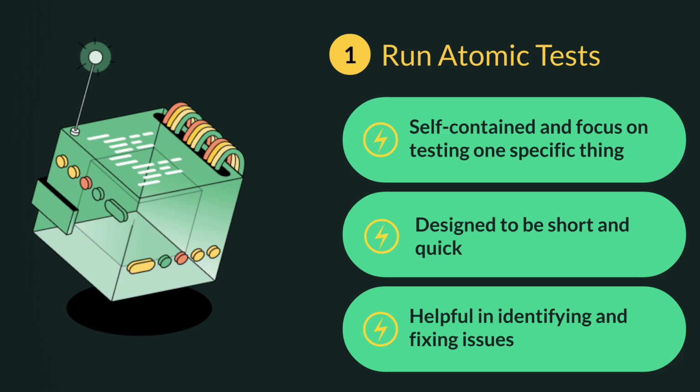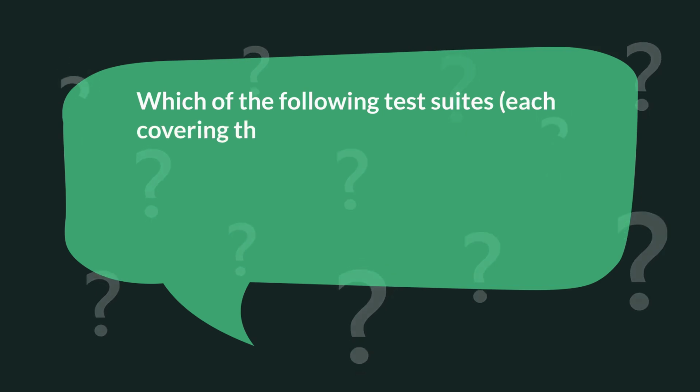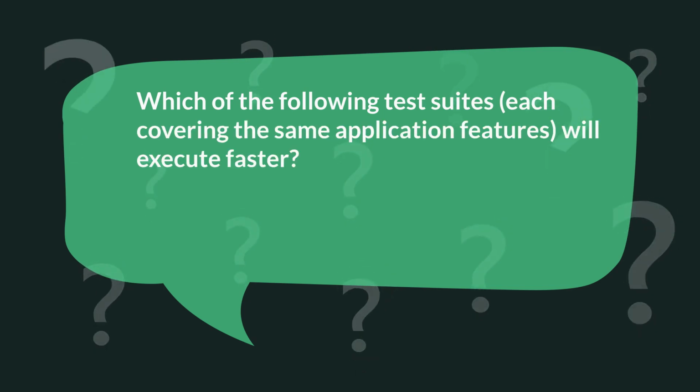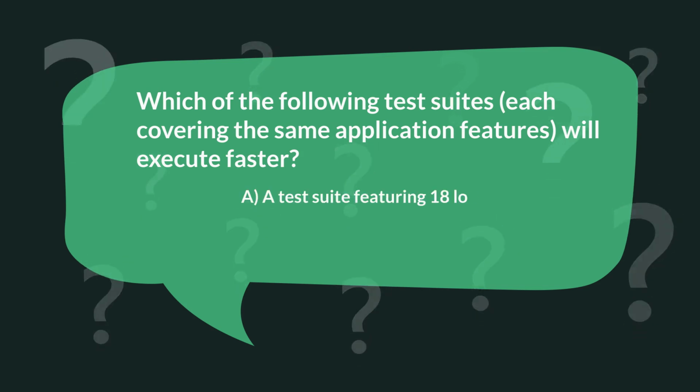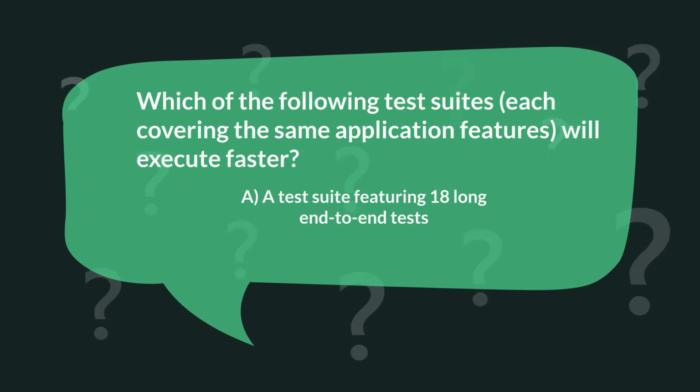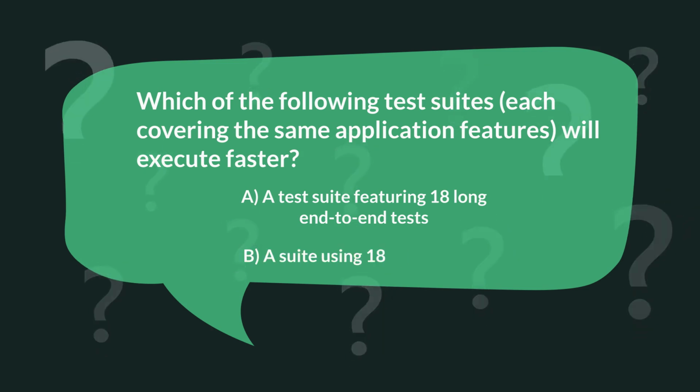We've done several of these trainings in the past, where we've asked attendees to guess the following. Which of the following test suites, each covering the same application features, will execute faster? A test suite featuring 18 long end-to-end tests, or a suite using 180 atomic tests?